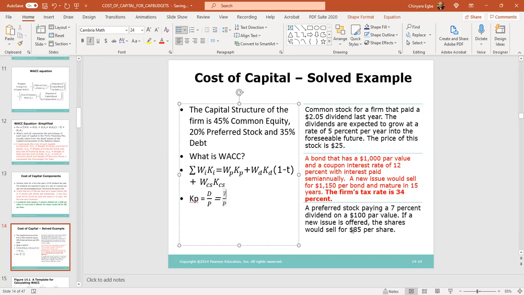But this particular preferred stock is selling for $85. And so we divide by 85, not by 100, because the value of the preferred stock has declined. And so can somebody give me 7 over 85? What is the answer?